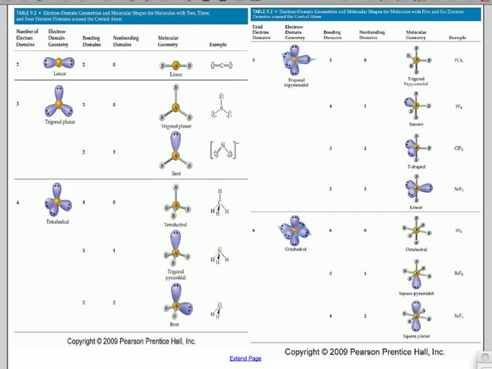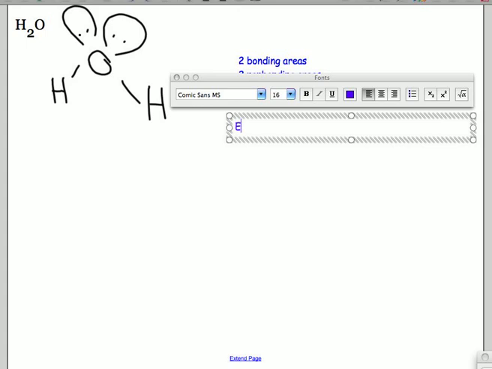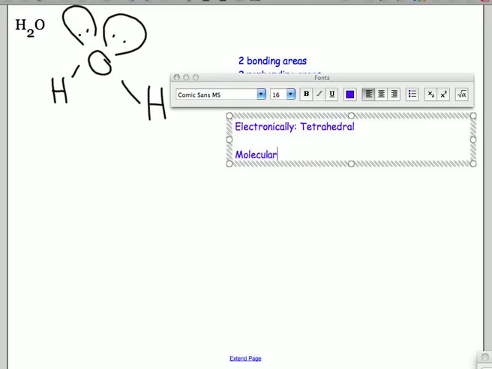And what you'll notice is this is the same shape as the 2 and 1 from above. So we are based electronically on a tetrahedral, but molecularly we are bent.